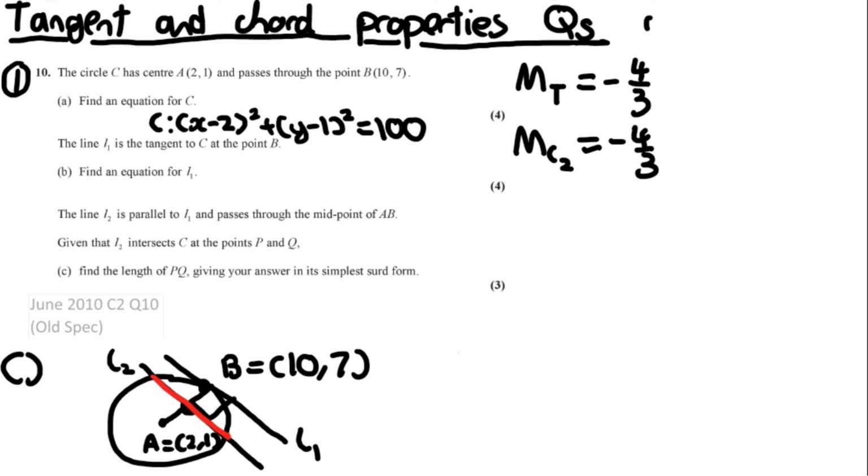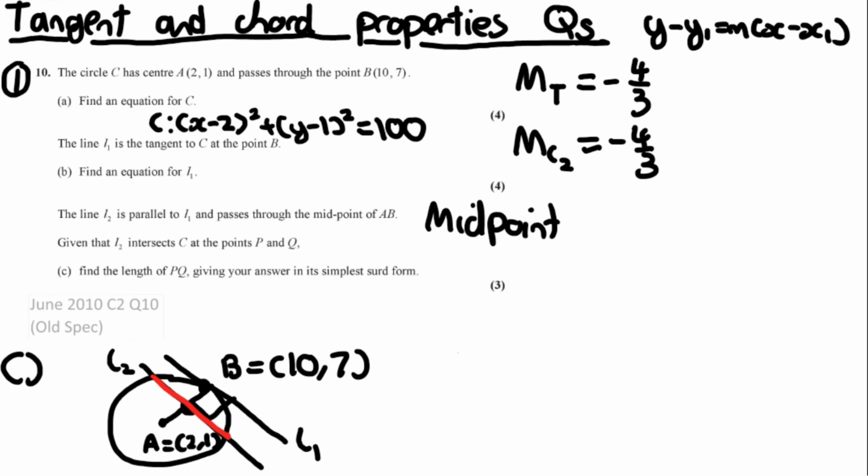And we can use the equation y minus y1 is equal to m(x minus x1) because we have a point on L2, because it says L2 passes through the midpoint of AB. So the midpoint of AB, I'm just going to do it in my head, but you could use a formula if you want to. We need to find the midpoint of the x coordinates 10 and 2, and that's going to be 6.